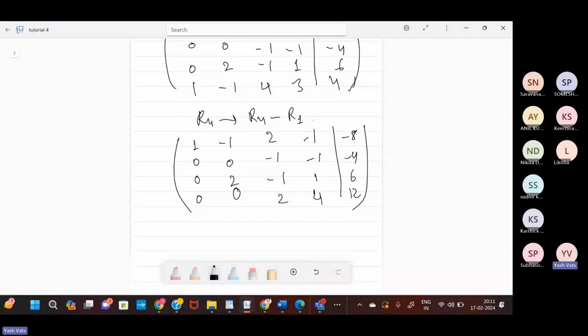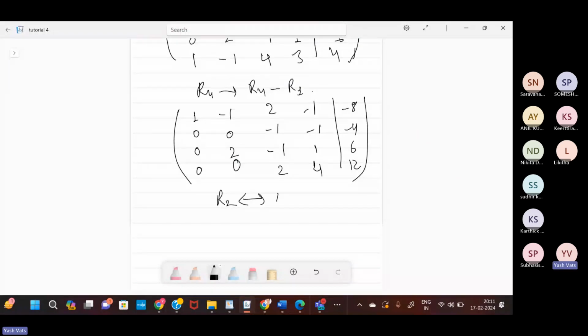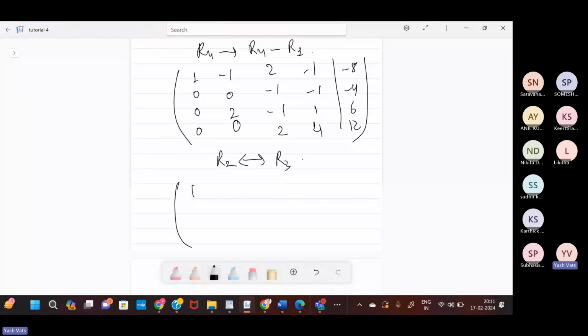Why do you think like that? Because in the second row the second element is 0 and we cannot proceed further. Yes, you are right. So what should we do? R2 interchange with R3, right? So 1, -1, 2, -1, -8.